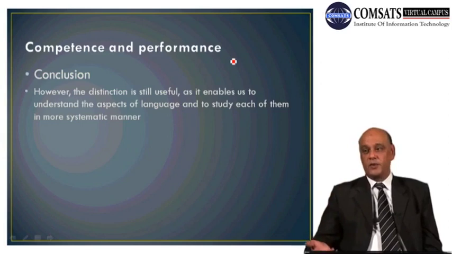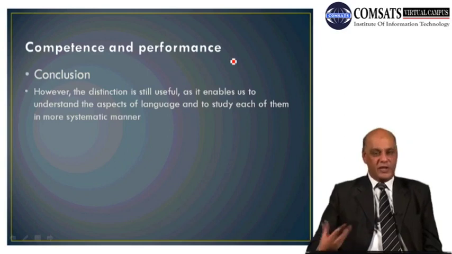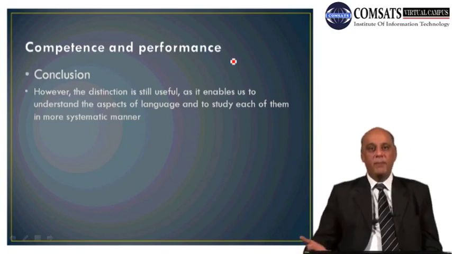And when we study competence, we come to know about the language acquiring device, the permanent device that is stored in the brain. And we can study the psychology of a person. We can study the language acquiring skill of a person. So this distinction by de Saussure and by Chomsky is still useful because we can study the language in a very systematic way.